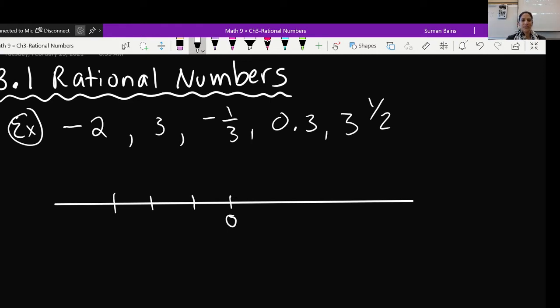Well, I thought it would make sense to put a 0 in the middle. And that isn't always how we're going to do this, because if we have a bunch of numbers that are way over into the positives, then maybe we don't want to start there and list off negatives. But in this scenario, this kind of makes sense. So to the left of 0, I'd put -1, -2, -3, and on.